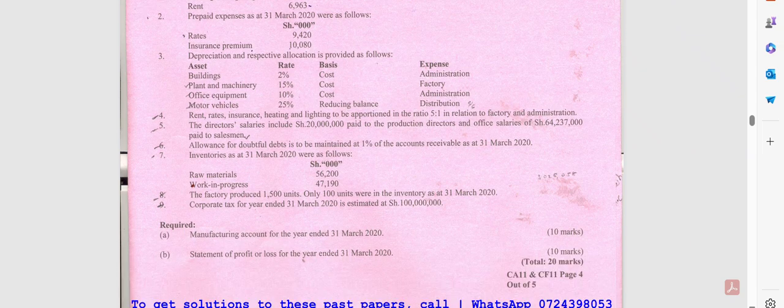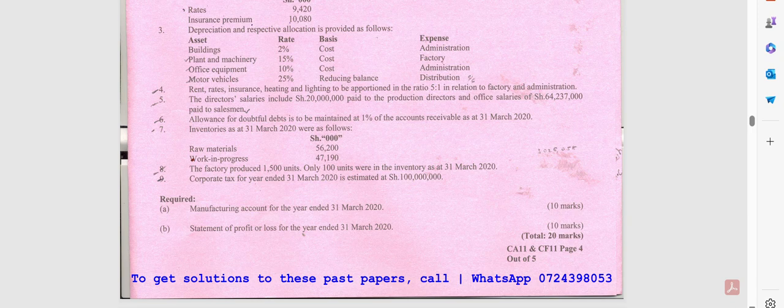So all this information will help us now to prepare the T accounts. Then we are required to prepare the manufacturing account for the year ending 31st March 2020, and then the income statement or the statement of profit or loss for the year ended 31st March 2020.